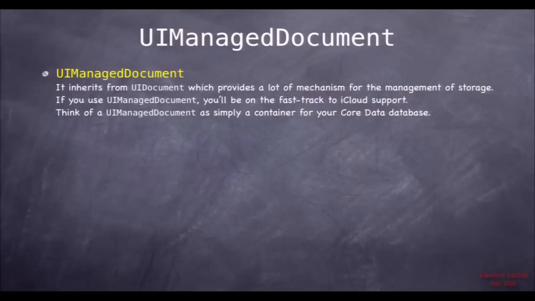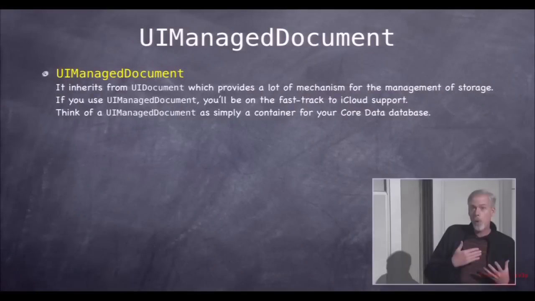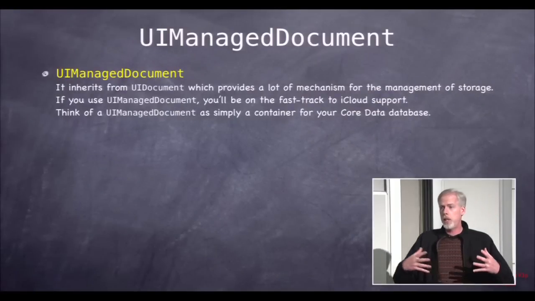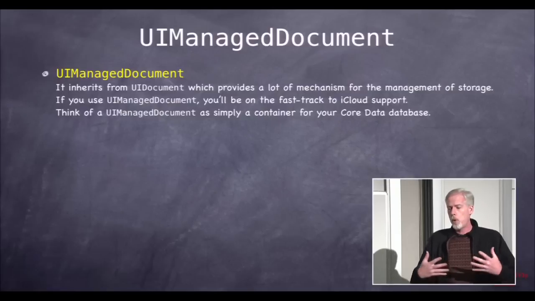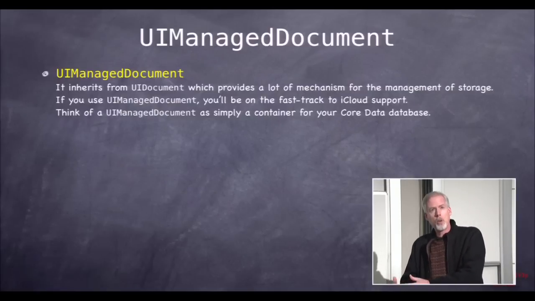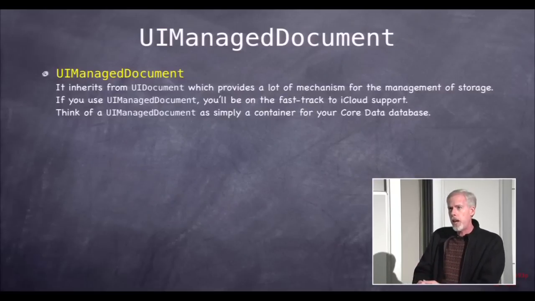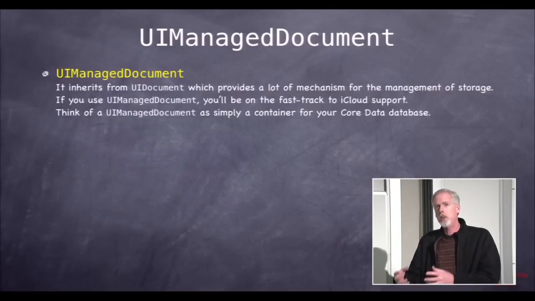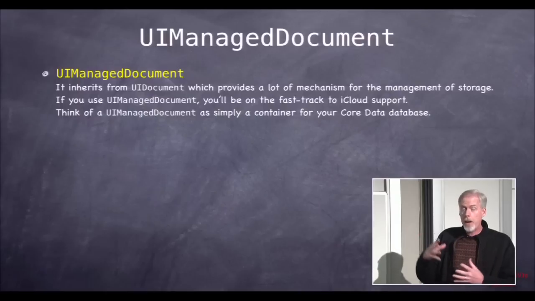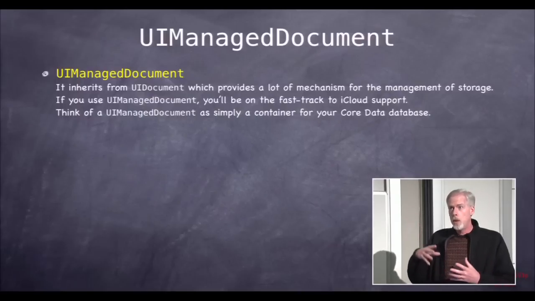Okay, so let's talk about UIManagedDocument. This is a class that inherits from a class called UIDocument. UIDocument has a bunch of mechanism for managing a file or a group of files that are related on disk. So things like saving them, opening the files, having them migrate to iCloud. So UIManagedDocument is also kind of your window onto iCloud.